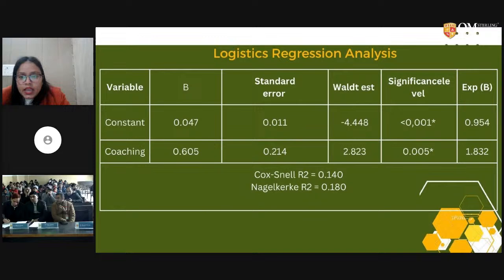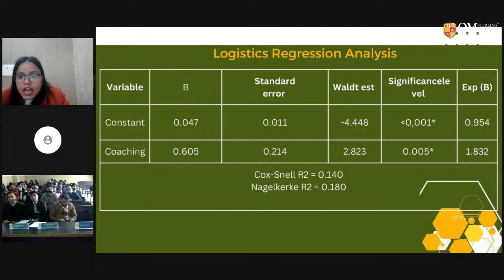Here, the Wald test is used. This is basically a kind of test on the beta coefficient, on the basis of which we can say whether the significance value is statistically different from 0 or not. So the Wald test is like the T test.